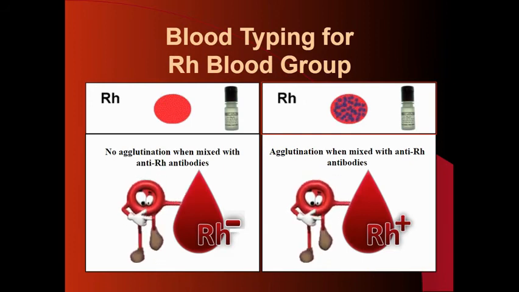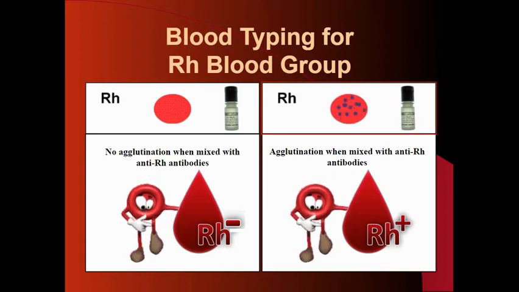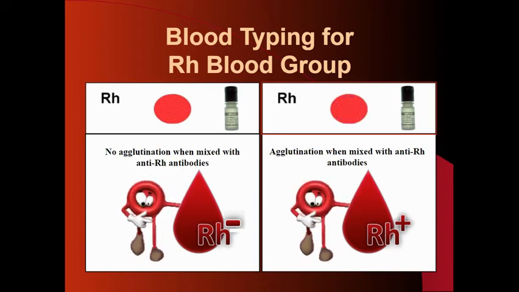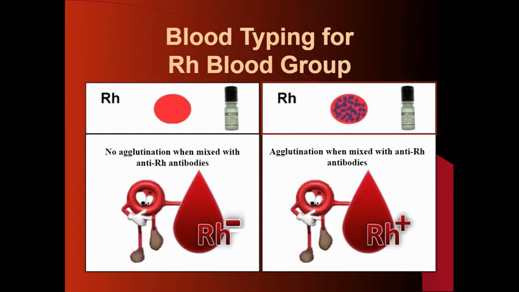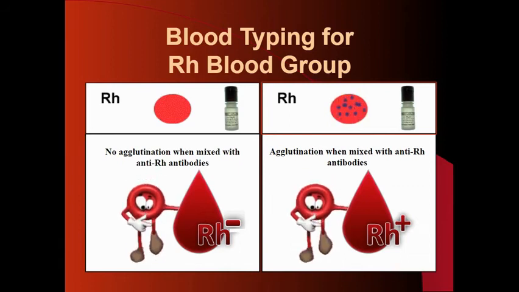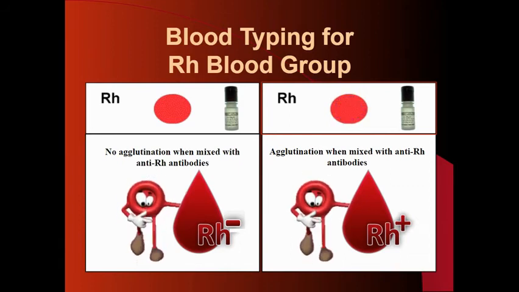The Rh factor can be typed in a similar way as we type for the ABO blood group. If we mix it with the anti-Rh antibodies, there'll be no agglutination if it is Rh negative. If we get agglutination, that means that we have found Rh positive blood.